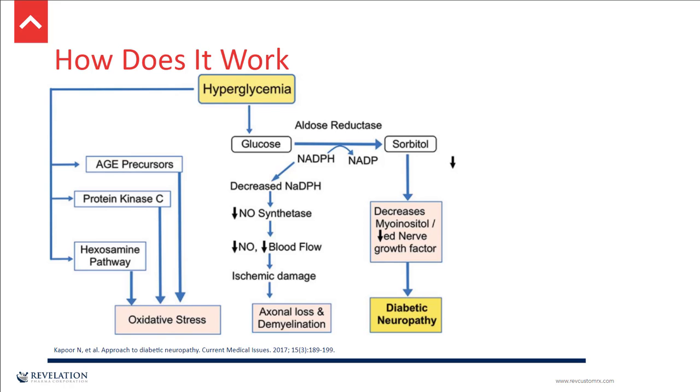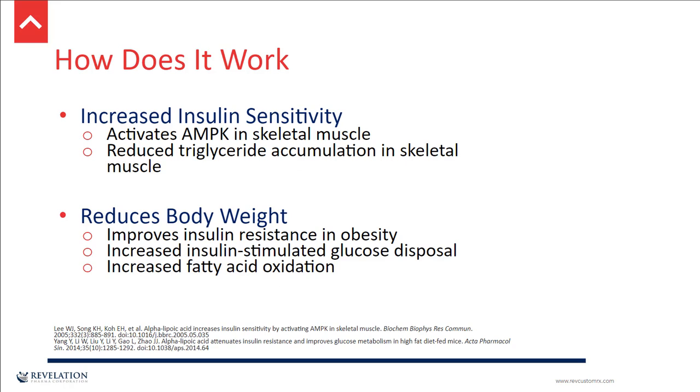And you can see by too much blood sugar out of control, high A1C over time, you basically decrease myoinositol and you lower basically nerve growth factor and overall support of nerve health. So nerve health can start to degenerate, have pain and numbness, and those types of issues there. Which again, ALA works in many areas of all of these pathways, so potentially very useful.